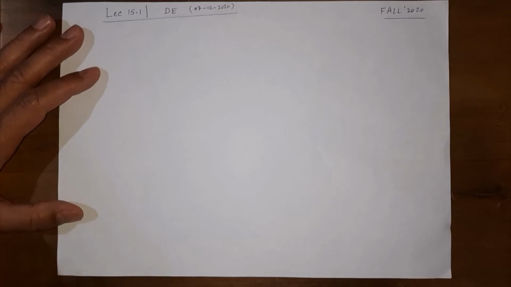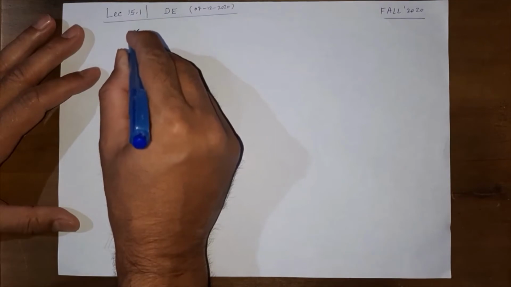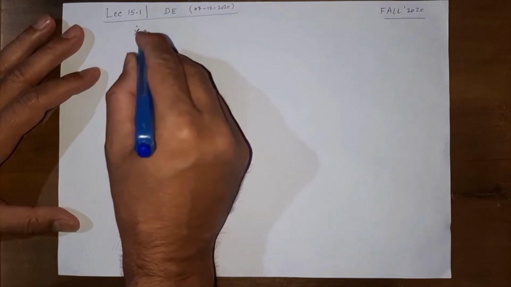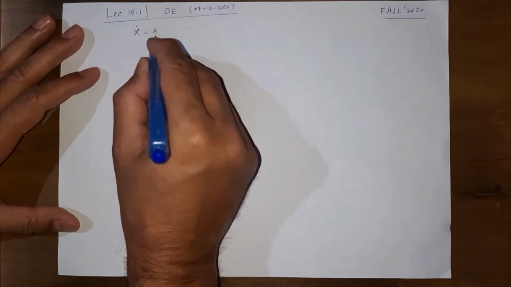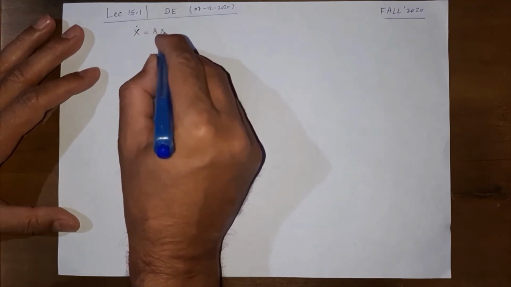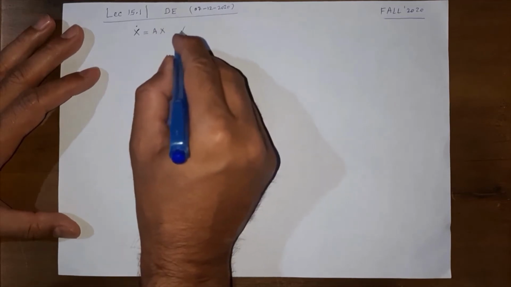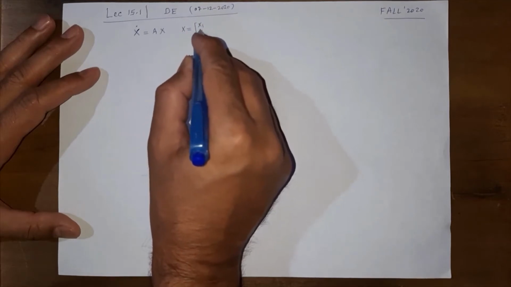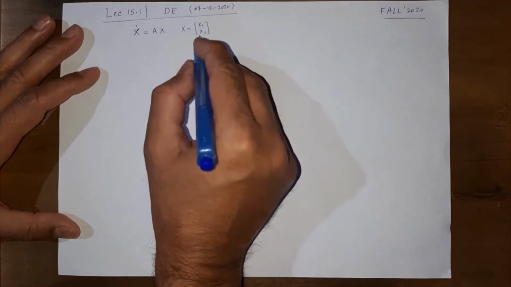We saw equations of this form, where the derivative of vector x was equal to a 2 by 2 matrix A times a vector x, where, if you remember, x was a vector with two functions of time, x1 and x2.